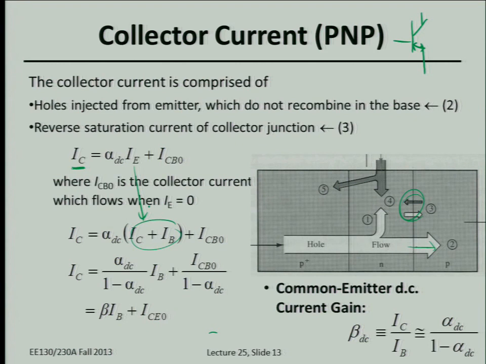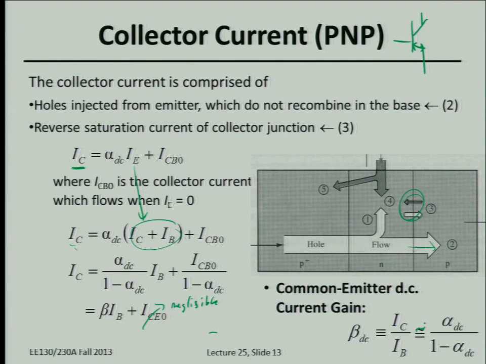Now we have IC on both the left and the right side, and we combine it. We can write this simple equation to relate IC and IB. You can see this term is usually ideally negligible, so we can discount that. That's why it's approximately.